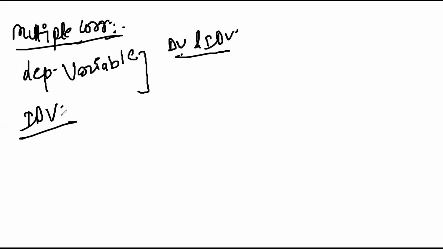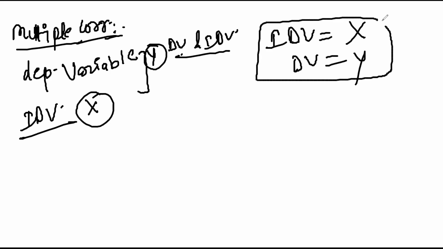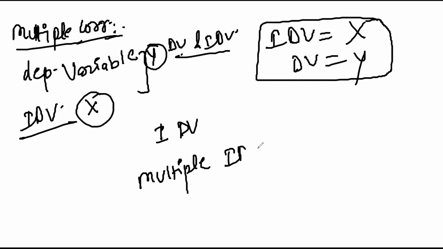Now, the independent variable is represented by x and the dependent variable is represented by y only. You cannot change this, right? IDV is represented by x, and dependent variable is represented by y. In multiple correlation, we always have one dependent variable, one DV, and multiple IDVs.